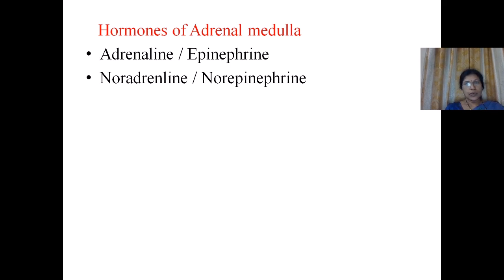Vasoconstriction and vasodilation cause the closing and opening of the capillary beds. Blood is shunted to skeletal muscles and away from digestion and reproduction. There is a sudden increase of glucose in blood, and a rise in the blood pressure. So these are some of the effects shown by adrenaline.